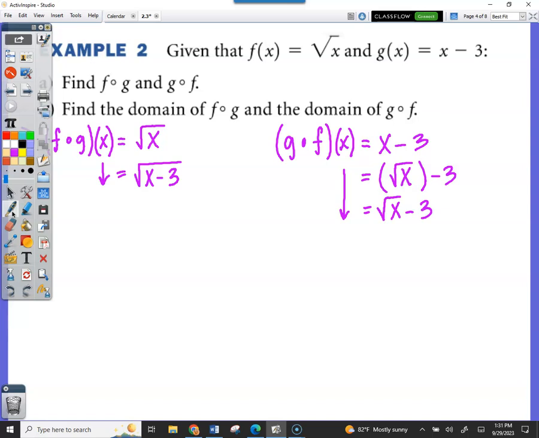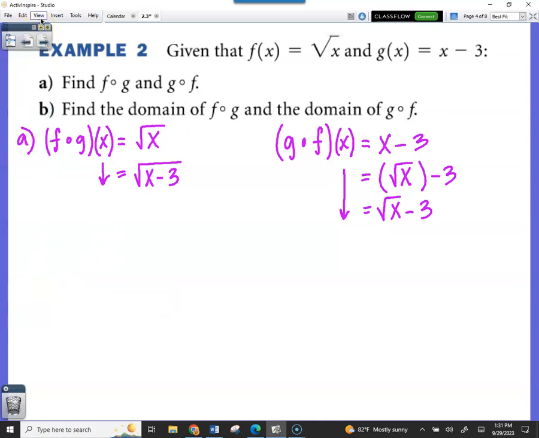Okay, so let's take some notes. We're going to address part B. First, find the domain of F, comma, G first, meaning the domain of the functions individually, not together.